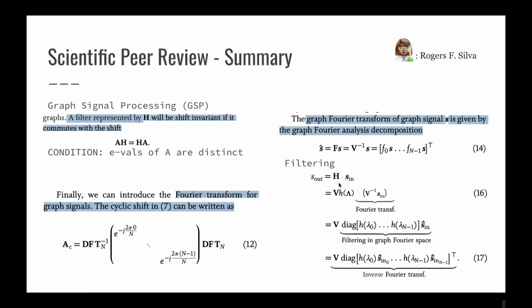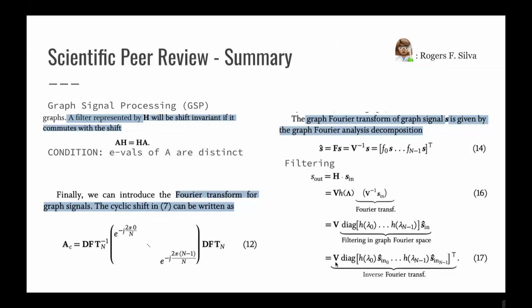And then this is how you would go about filtering a signal using graph signal processing. Basically apply the filter to your signal by matrix multiplication, and then you can show that this basically boils down to this: you can write this as a Fourier transform of the signal, which in turn you can write as a graph filtering of the transformed signal, and then recovered V here is the same Fourier basis.